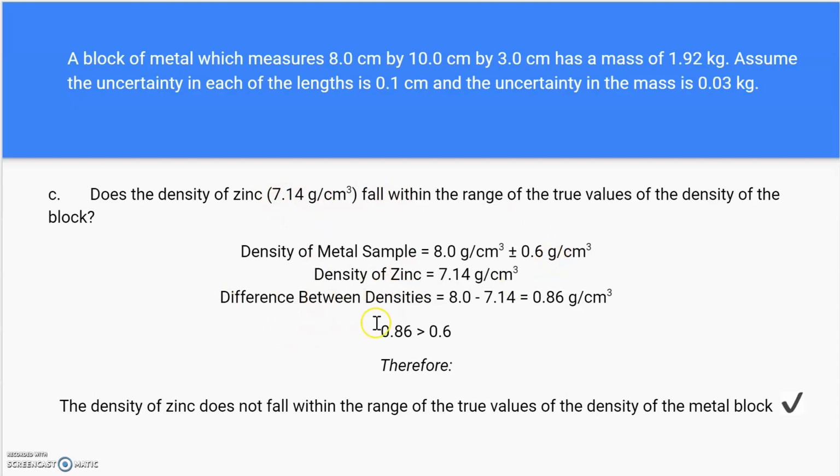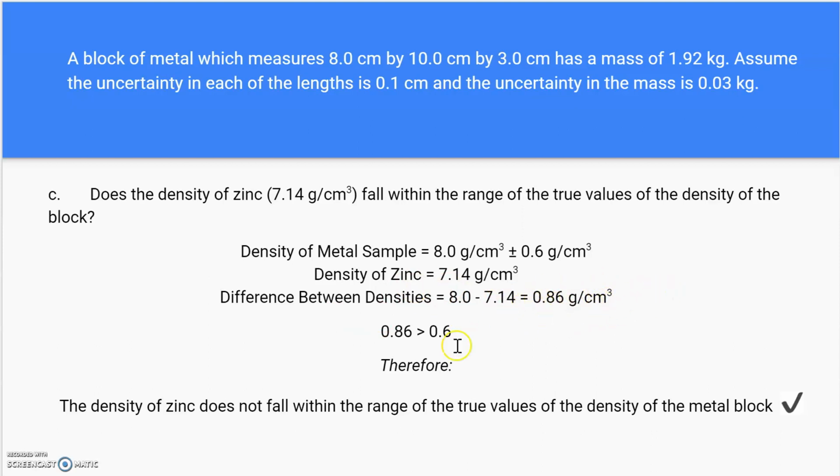Now, we need to find the difference between the densities in order to determine whether it falls within the range of true values given by the uncertainty. So we do the density of the metal sample, which is 8, minus the density of the zinc, which is 7.14, and we get that the difference between densities is 0.86 grams per centimeters cubed.